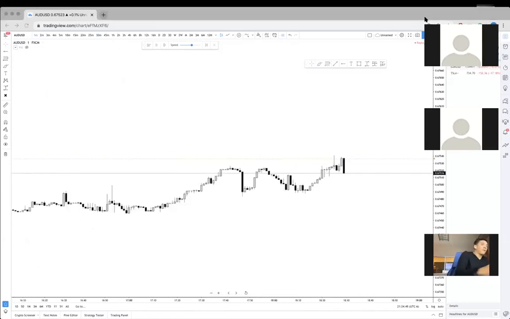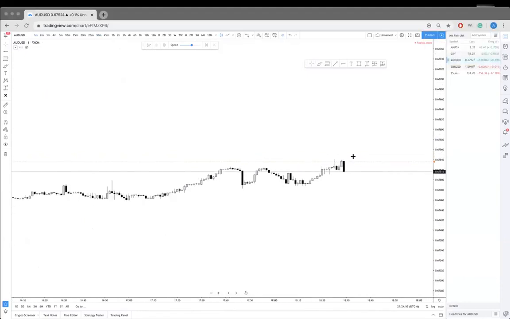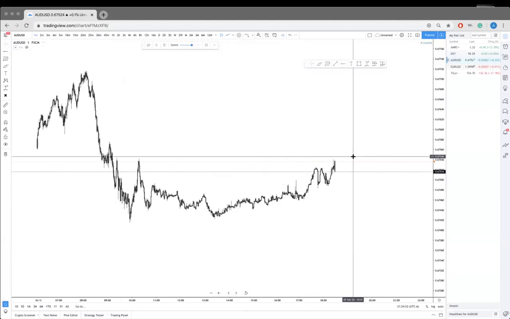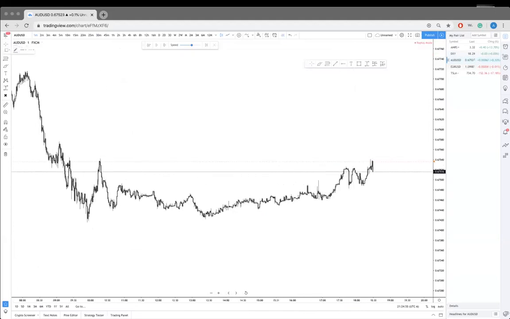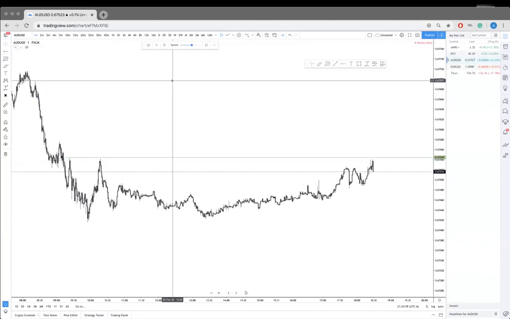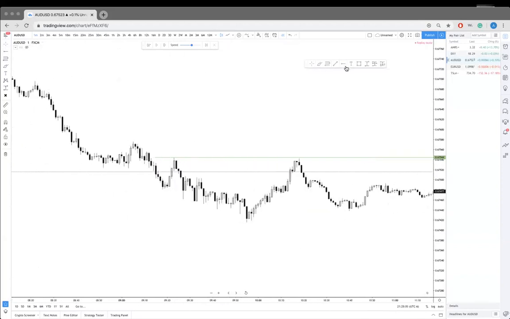This is right before news. There were equal highs here, and there was inefficient pricing right there. And how did we know? I even made sure to check this, so I knew it was going to be a very valid area.